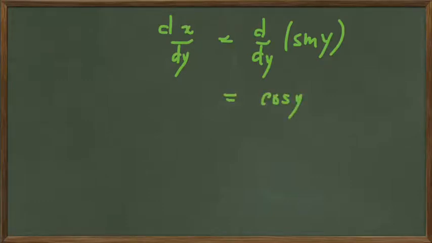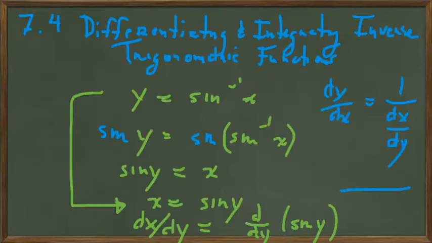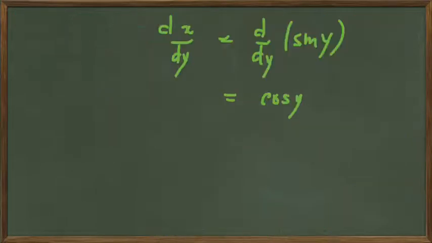And now we have to figure out what cosine y means. Remember that when we went back to the original, y would equal sine inverse of x. So what we really have here is cosine of sine inverse of x. So let's draw a triangle to help us out here.